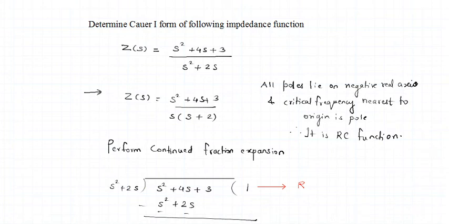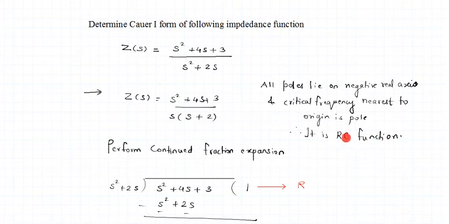When we plot the poles and zeros, we observe that all of them lie on the negative x-axis, and the one closest to the origin is the pole, because the pole value is 0. Therefore this function belongs to the RC function.